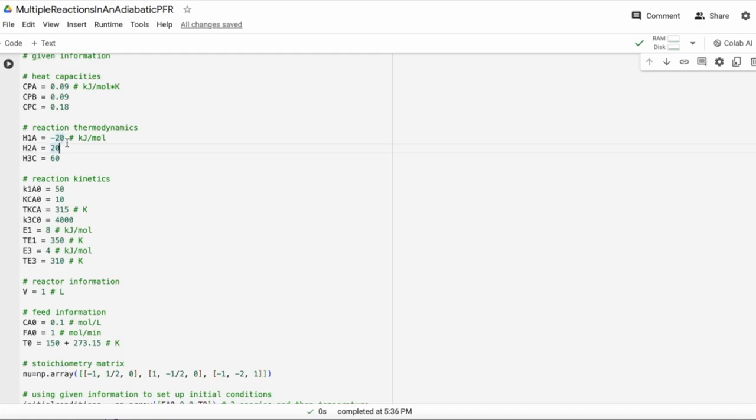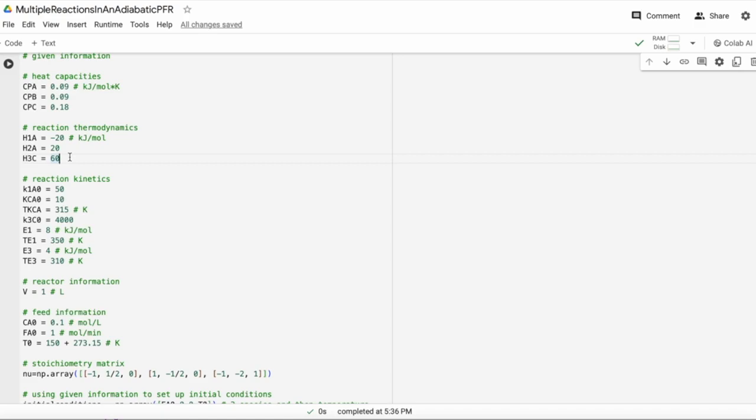So reaction 1 is the forward reaction, reaction 2 is the reverse reaction. They're going to have the same heat of reaction, except it's going to be the negative of each other. So if A goes to 1/2 B is minus 20 kilojoules per mole, then 1/2 B goes to A is 20 kilojoules per mole.